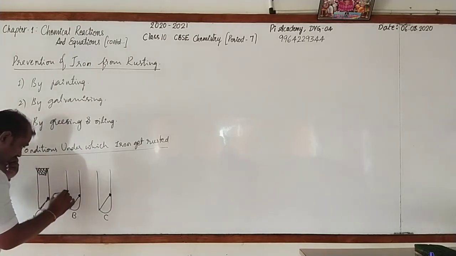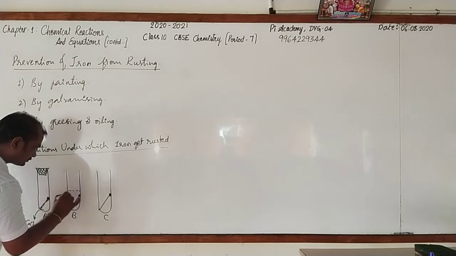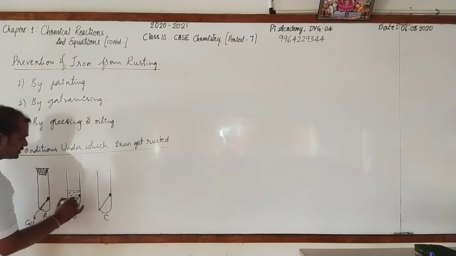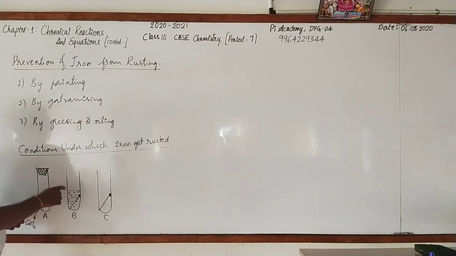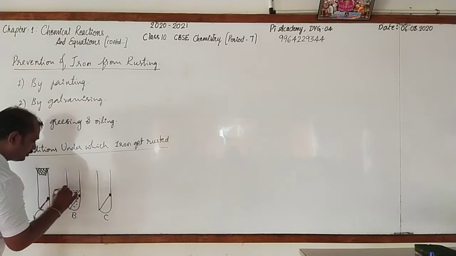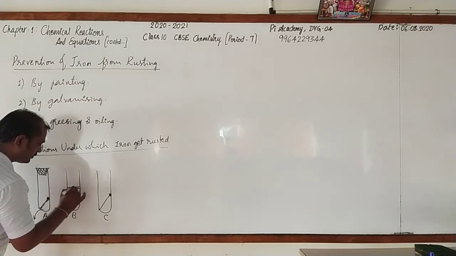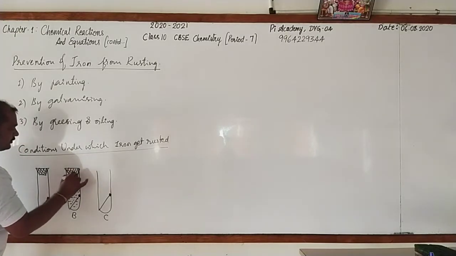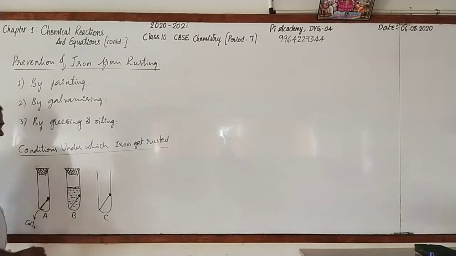Similarly, in test tube B, add water such that the iron nails sink in it. Then put some drops of oil. Then again close its mouth with a rubber cork. Next, the third one.